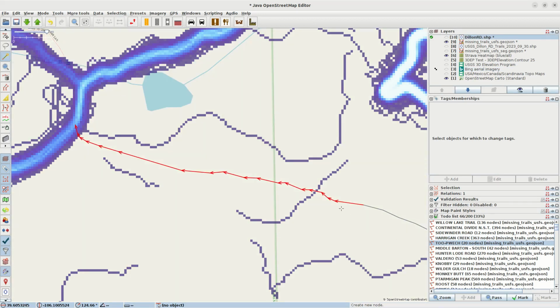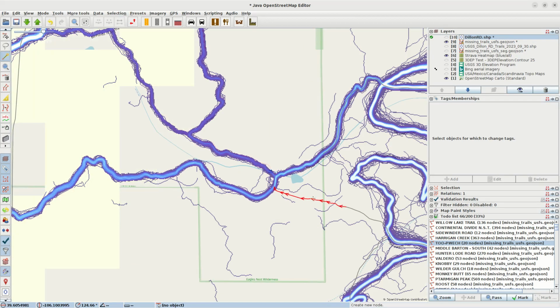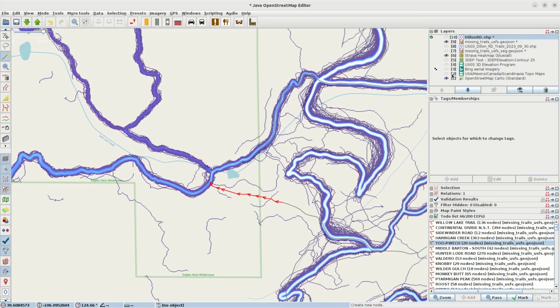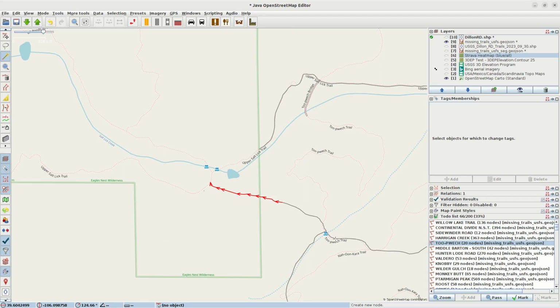I'm not sure how to say this. Toopech, Too-Pwech. No evidence of a trail there, but let's just look at the OpenStreetMap. It does show the Toopech Trail to the east and having a very different configuration.